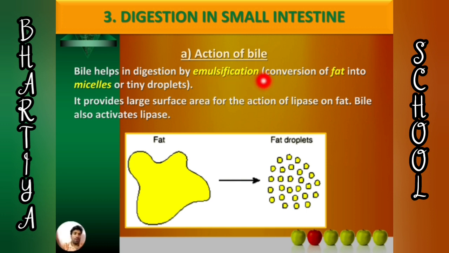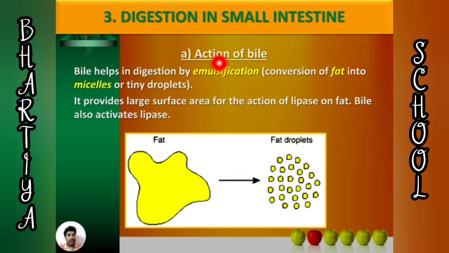Emulsification is the process of conversion of large fat globules into small fat globules, which are also known as micelles. So here we can see this large fat molecule has been converted into small lipid droplets. These droplets are also called micelles, and the process is called emulsification.